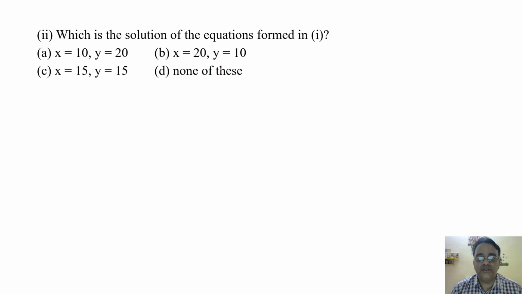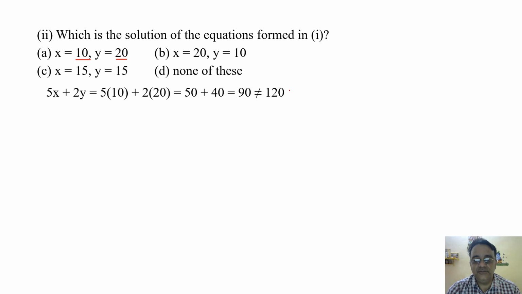Now we are moving toward the second question. Which is the solution of the equation formed in 1? That is 5x plus 2y is equal to 120. So we'll check one by one. सबसे पहले ये substitute करके देखते हैं. 5 into 10 is 50, 2 into 20 is 40. So we are getting 90, which is not equal to 120. So ये नहीं.